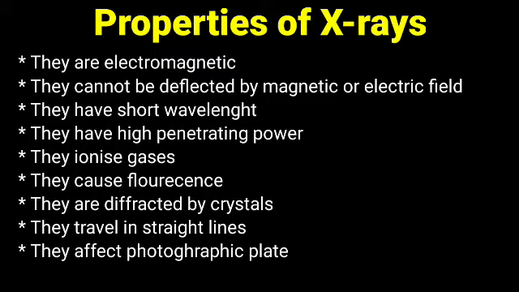X-rays can be reflected, refracted, and also diffracted. They affect photographic plates and paper, causing them to be fogged.